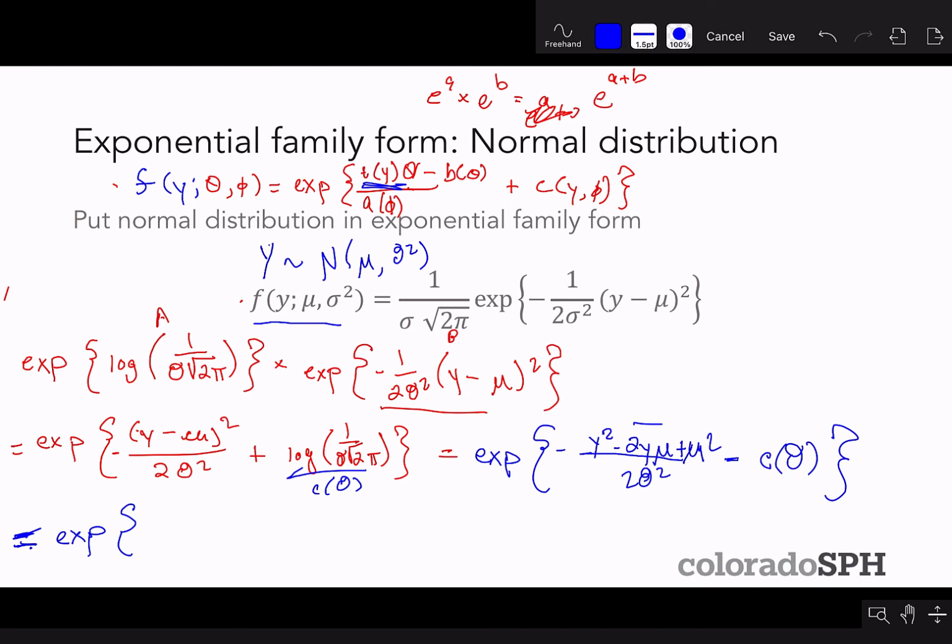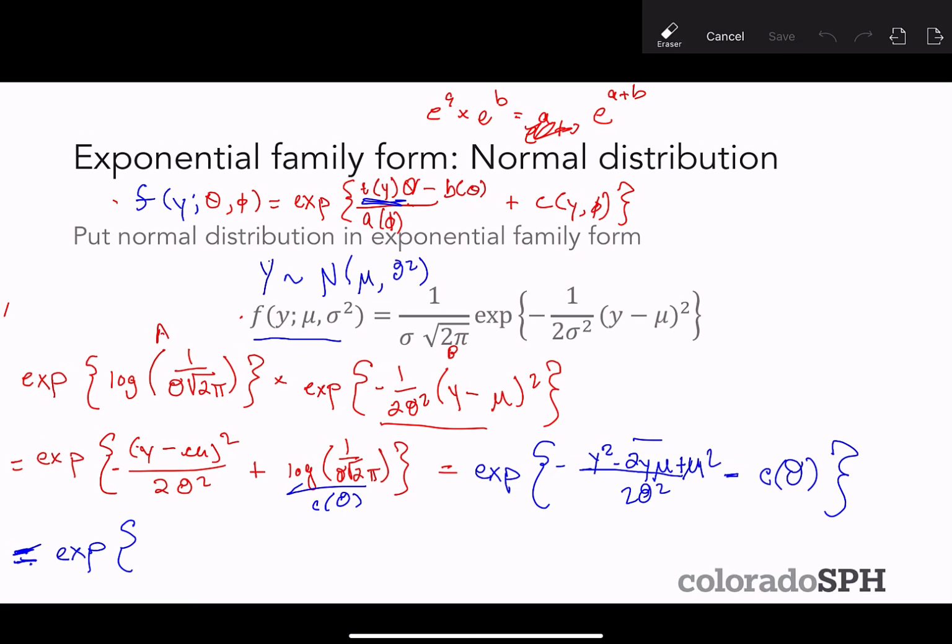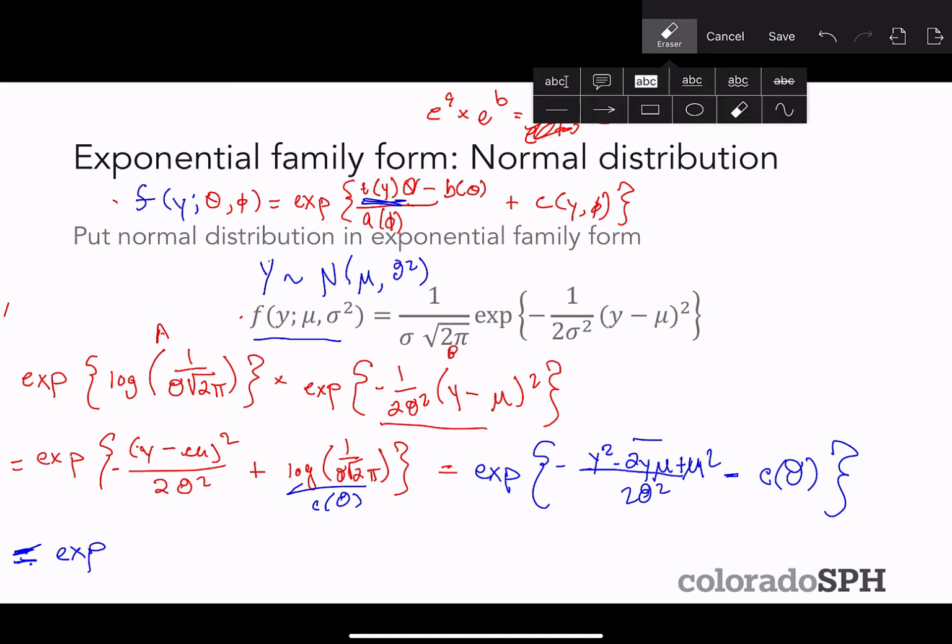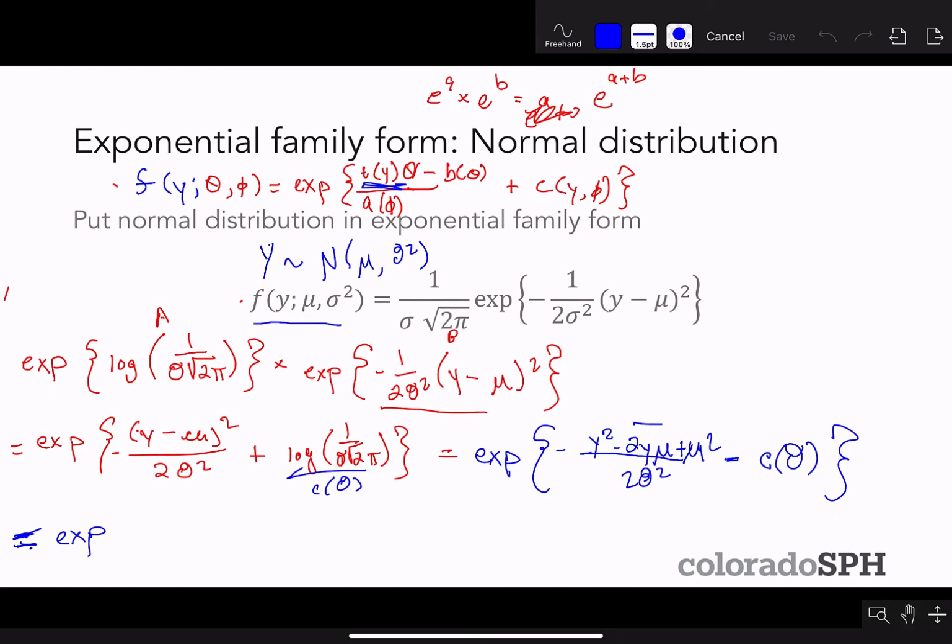So then, I'm going to make that exponent less ugly. That gives us, if we try to make it a little bit more like that exponential family form, we can distribute some of this stuff. We can break up some of this fraction, and because we carry through that negative sign, we get positive 2y mu over 2 sigma squared.